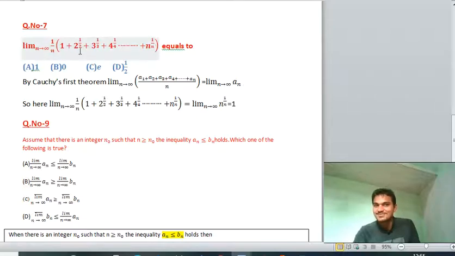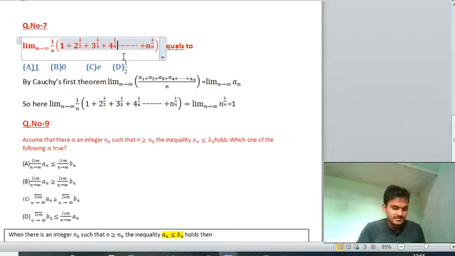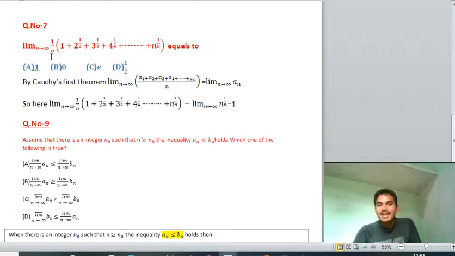So this is a1, this is a2, this is a3, this is a4, dot dot dot, and this is n to the power 1 by n, and this whole is divided by n.